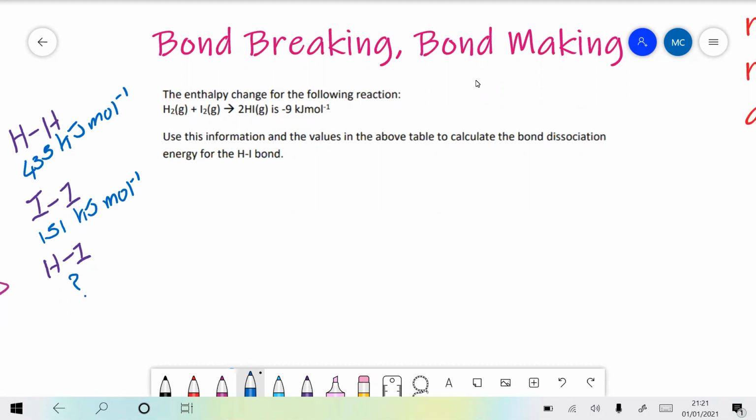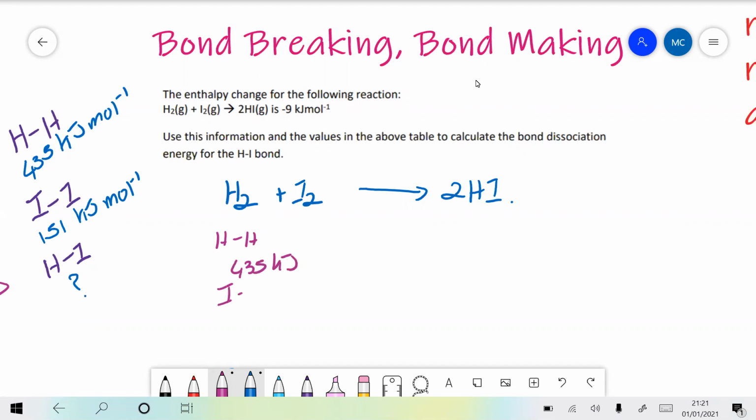Now, this question really needs the knowledge of bond breaking, bond making, as we said, and we know that bond breaking is always endothermic. So hydrogen-hydrogen bond, this would be 435 kilojoules.